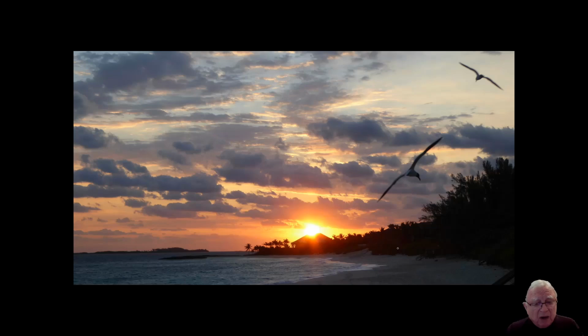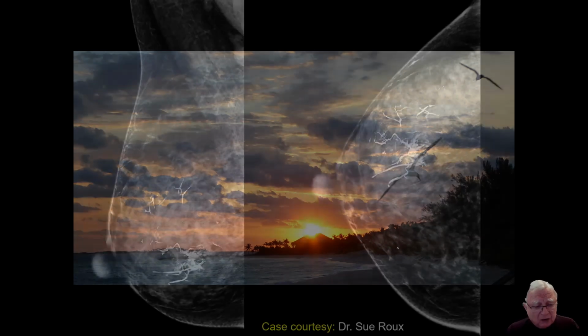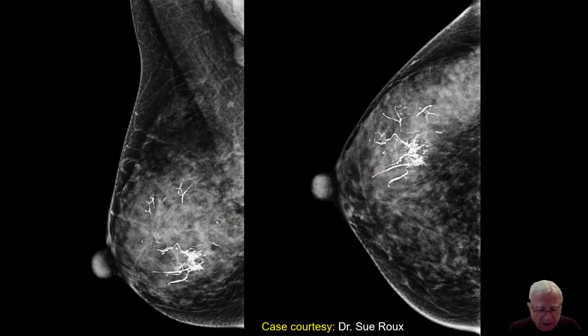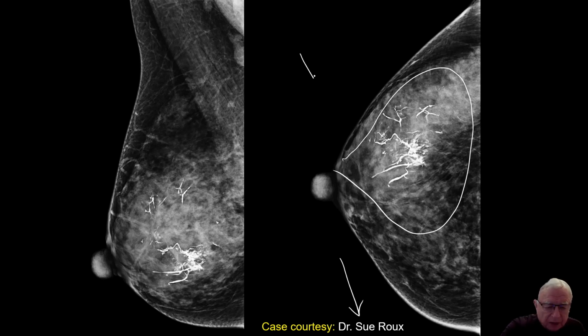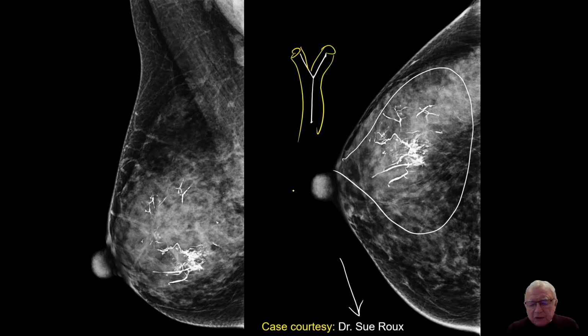A friend of mine, a wonderful, well-trained radiologist running the breast center in Monterey, California, Dr. Rue, sent me a case. Unilateral, long Y-shaped calcifications, definitely localized within ducts and their branches, malignant type calcifications.